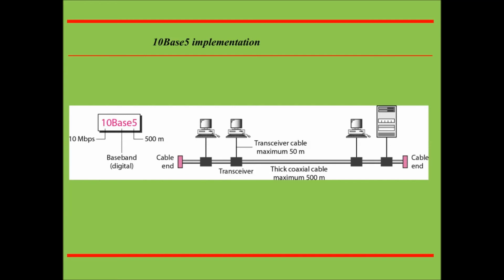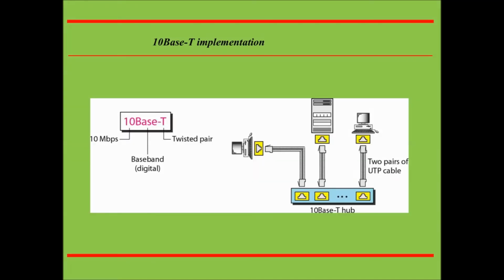So the centralized cable is thick coaxial cable, and a cable which is attached from a device to this coaxial cable is twisted pair cable, and the length of coaxial cable is 500 meters, and the length of twisted pair cable is 50 meters.